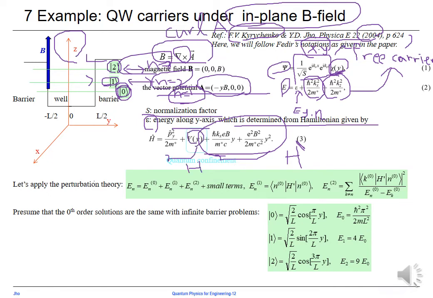This one is the potential shape, the easy part, H0. The others are the complicated part, H prime, the perturbation part.